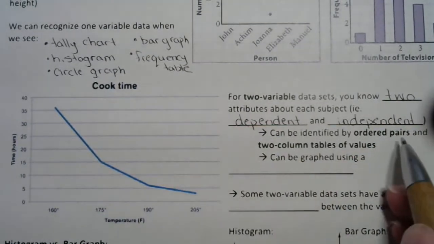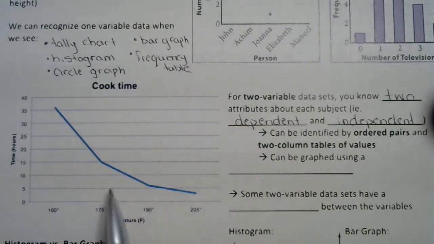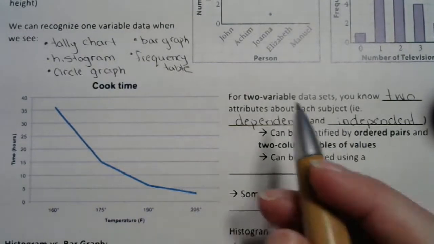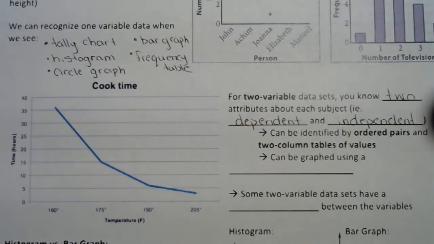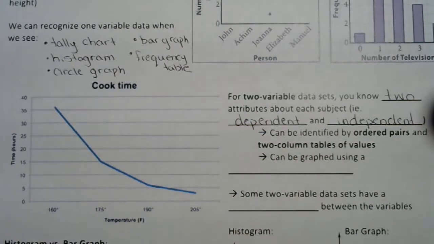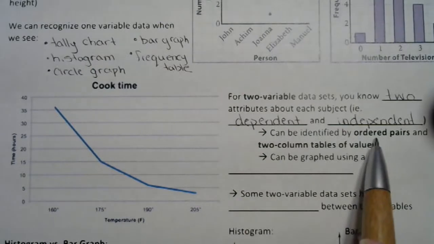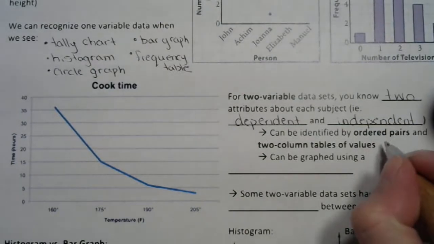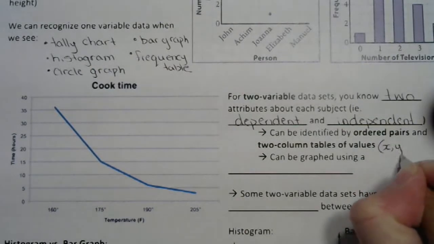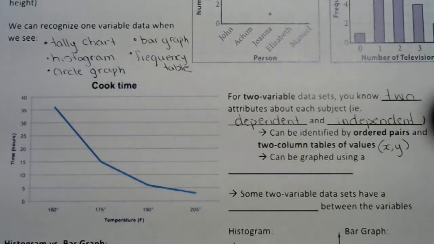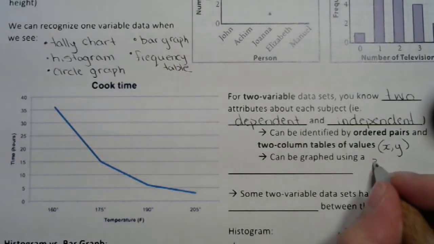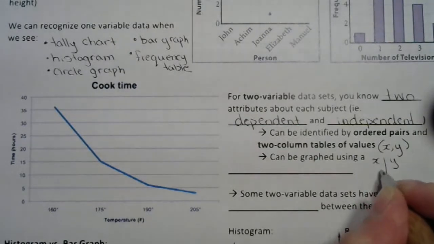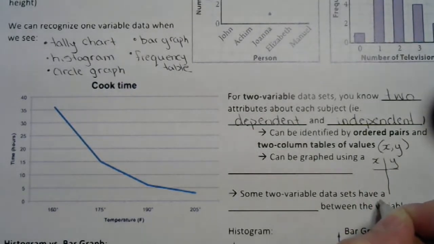So the independent variable, as you know, always goes on the x-axis, and the dependent goes on the y-axis. This should be reviewed from a little while ago, but we will go into it in more detail. Okay. This can be identified by ordered pairs. So anytime you have something like your x-y situation, and 2-column tables of values. So that's if you've got x, y, a table, and all your values.